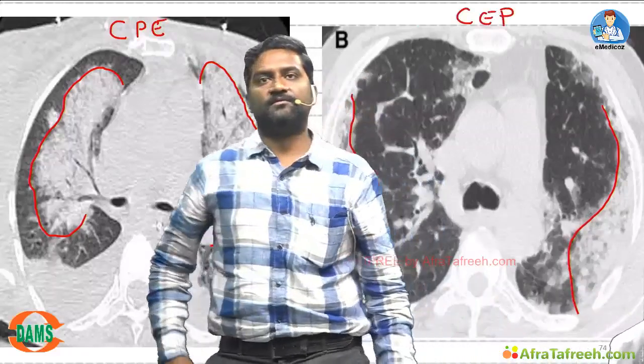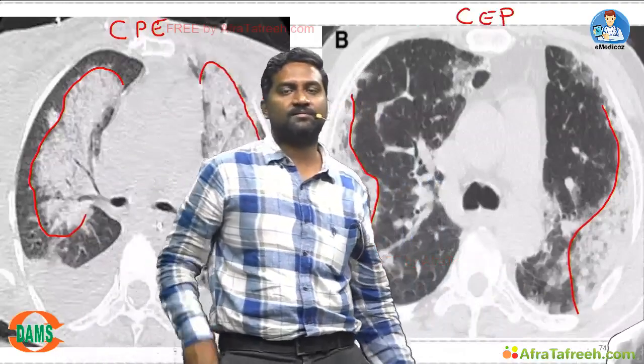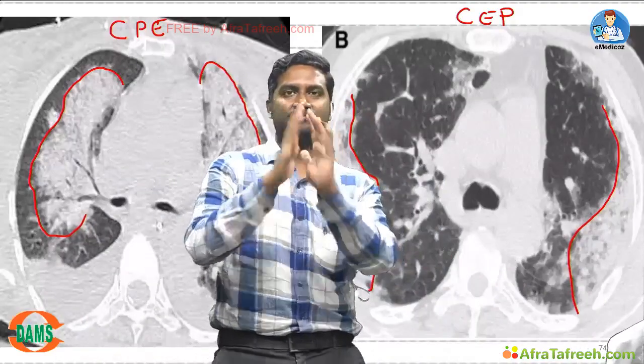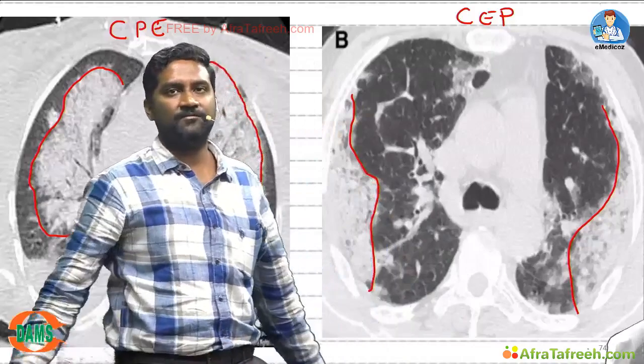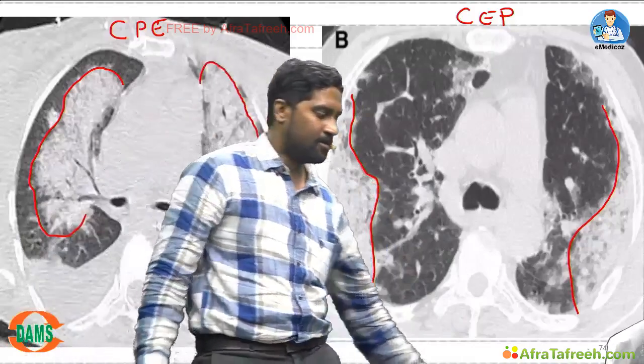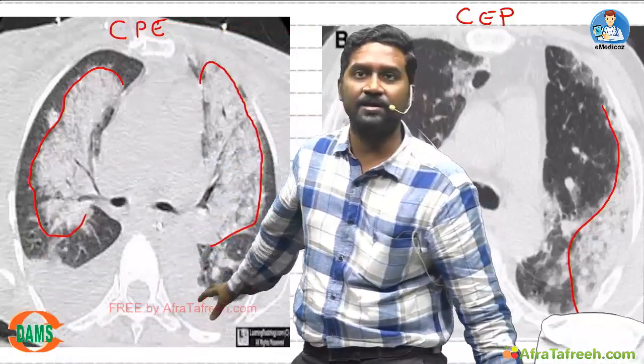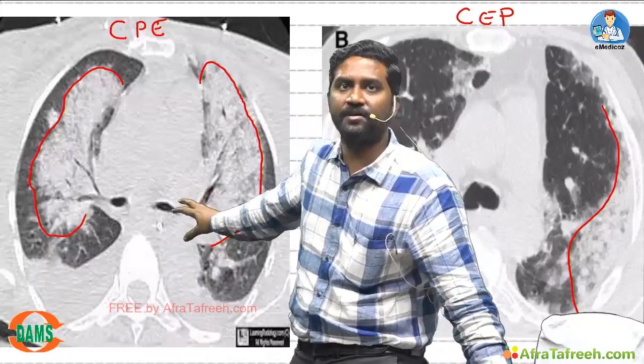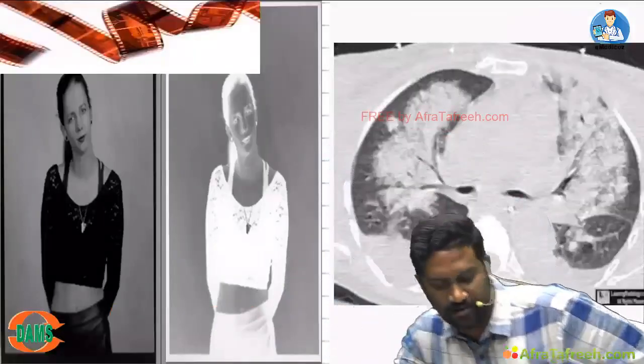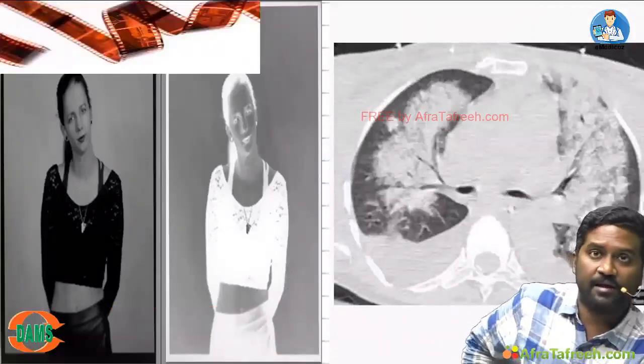Now this radiologist didn't want to call it just reverse bat wing sign. He wanted to give it a special name. So what he did was, he applied a negative filter to this cardiogenic pulmonary edema. What is meant by applying a negative filter? This is a normal image, and this is the negative image.